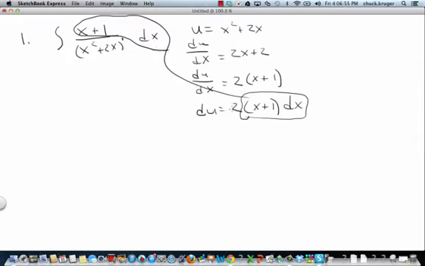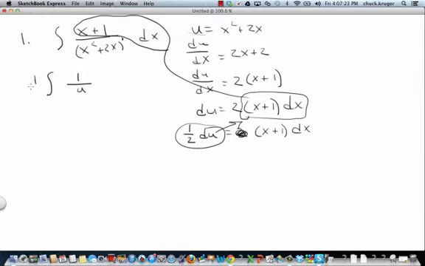Okay, and so what I'm going to do, rewrite this then, is 1/2 du is equal to x plus 1 dx. So this is going to replace this. So now what I have is 1 over, well, what was this? That's u, isn't it? So it's u. And right here I have 1/2, which is my constant.